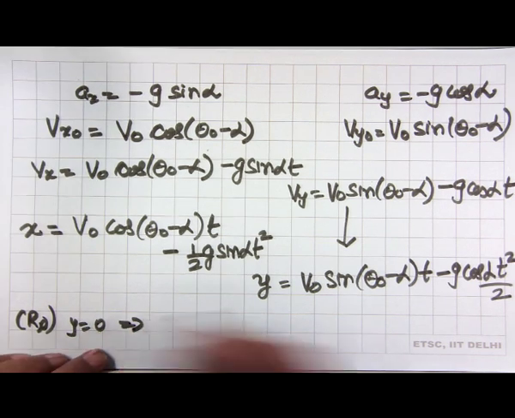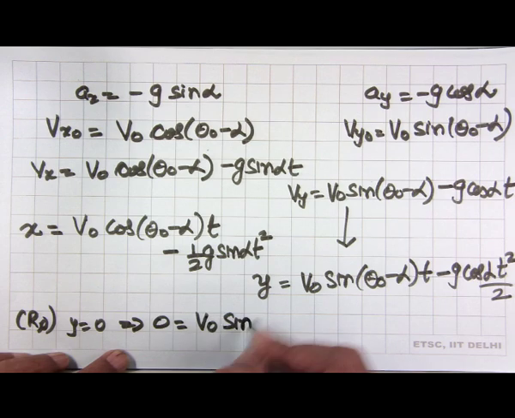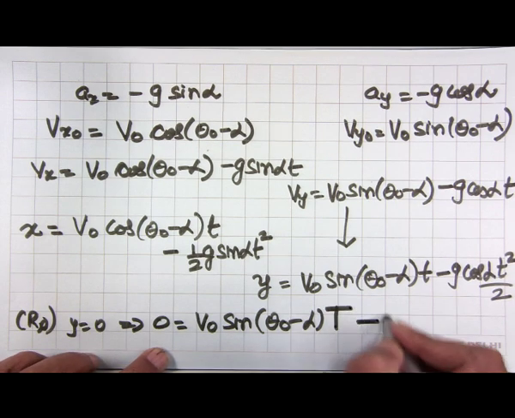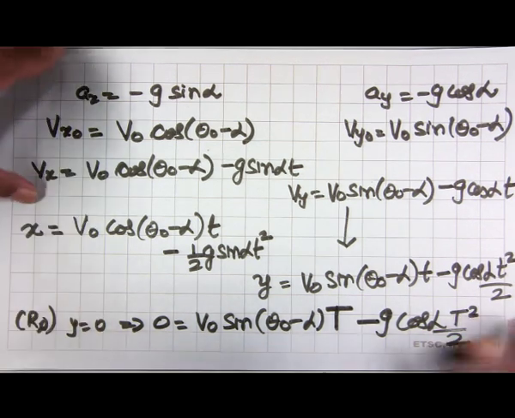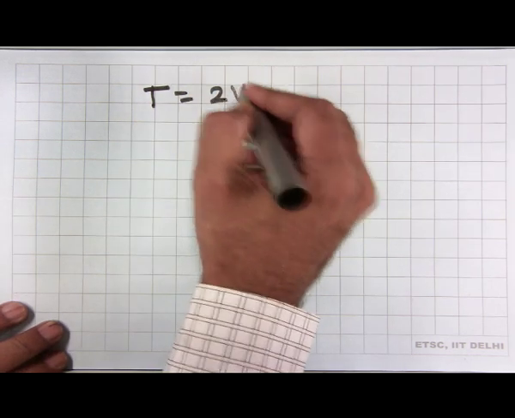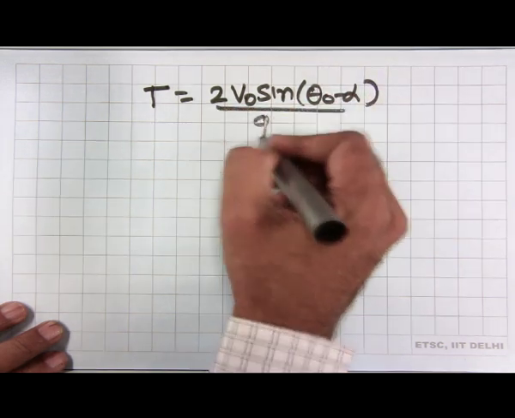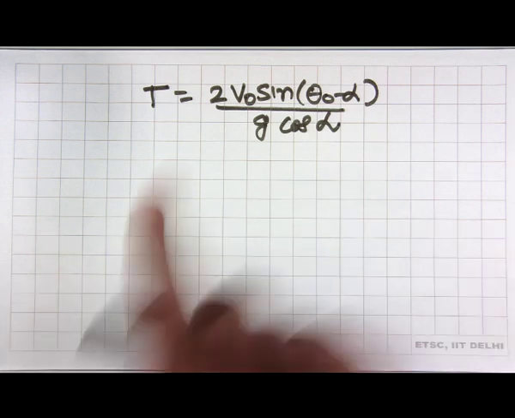So this implies 0 is equal to v0 sin(theta 0 minus alpha) times t minus g cos alpha t squared by 2, and from here we can get the value of t. So we get t is equal to 2 v0 sin(theta 0 minus alpha) by g cos alpha. This is the time which the projectile takes to come back on the plane.